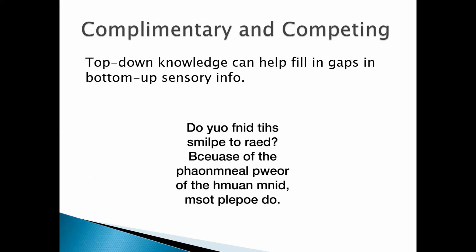All of the knowledge that we have about the English language is compensating for the lacking or confusing bottom-up sensory info being presented here. So we can read this even though each and every word except for "do" is misspelled.